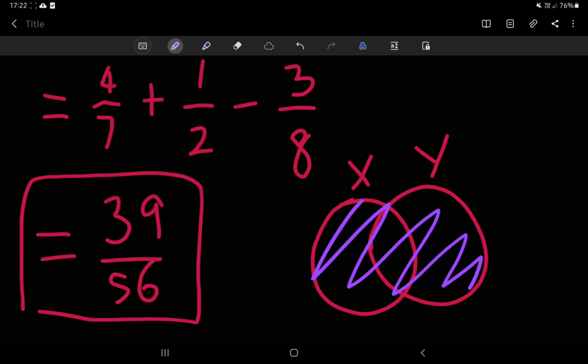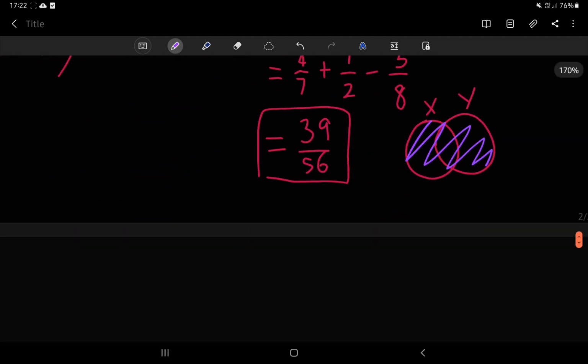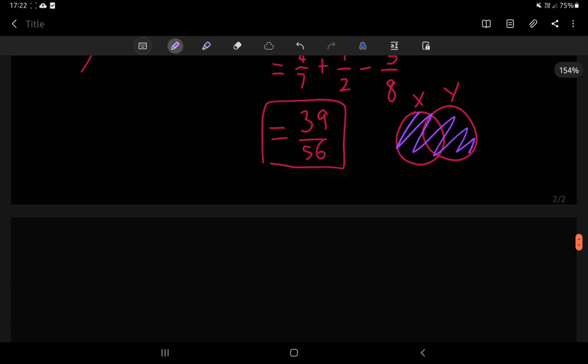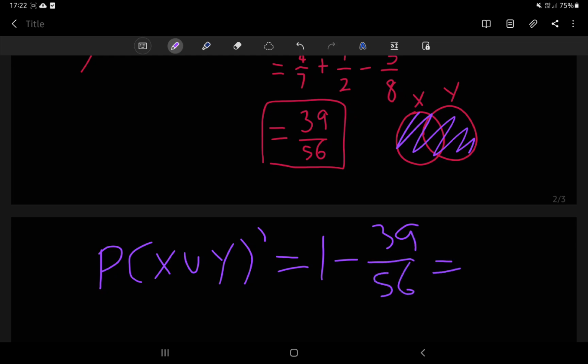If both of them are not occurring, we need to subtract from the total probability, which is 1. So the expression is X union Y not, which is 1 minus 39/56, which is 17/56.